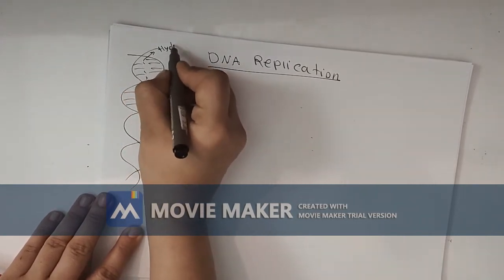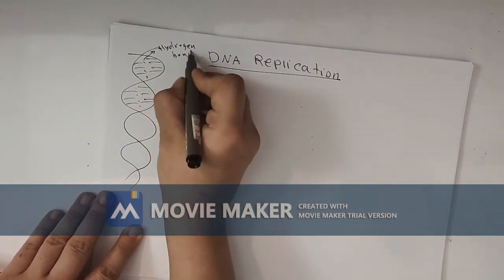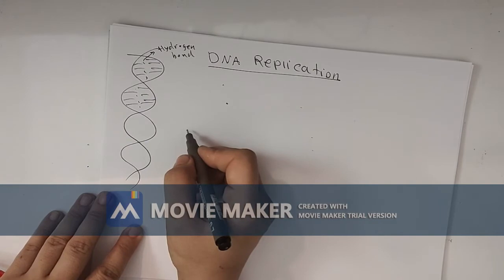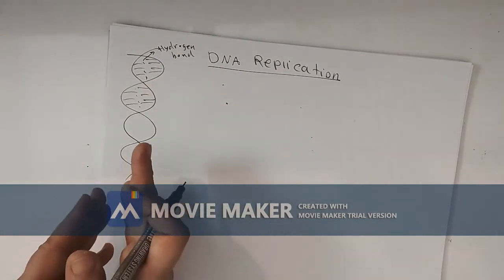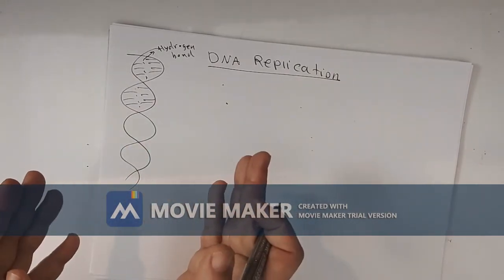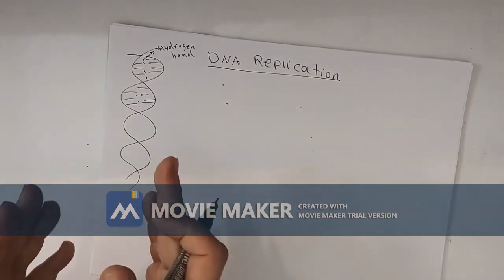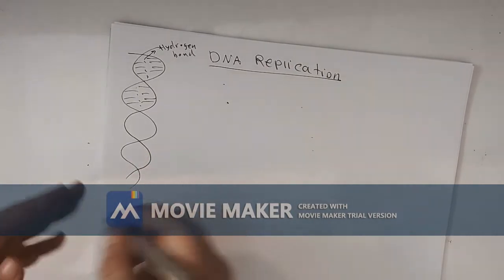Okay, the hydrogen bond is connecting these two strands together. Now, during the replication, in these two strands, they first need to unwind and unzip. Okay, so this is done by an enzyme which is called DNA helicase.